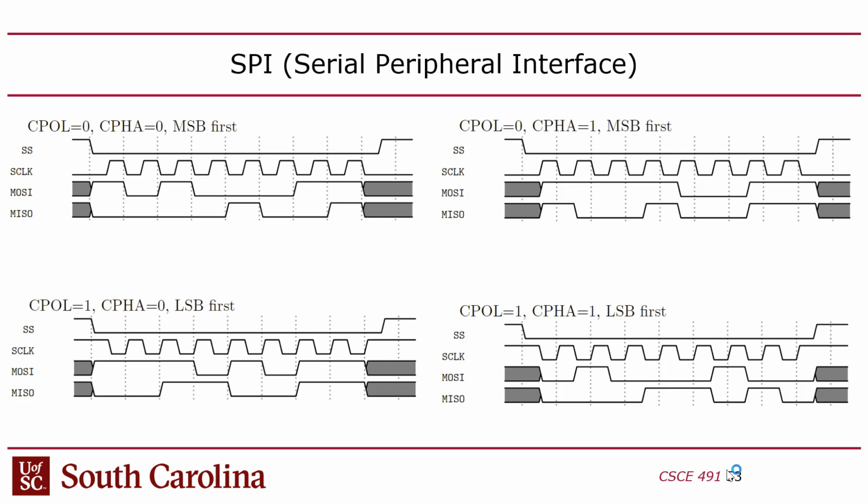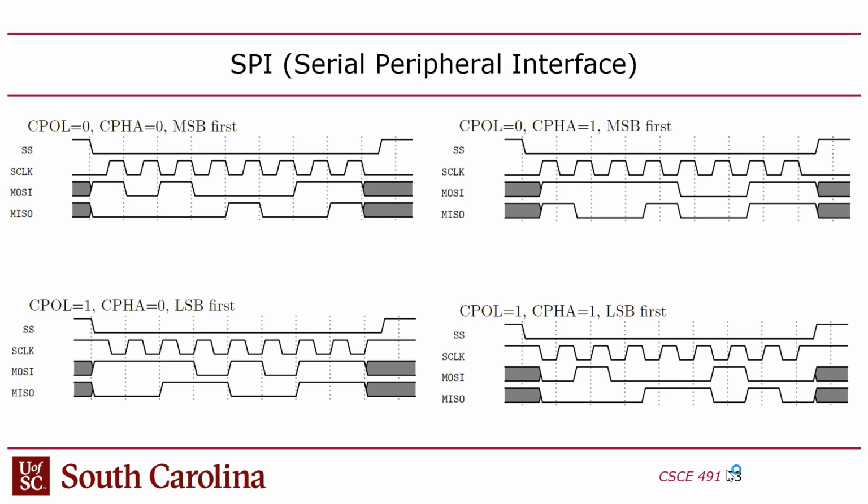So when CPHA is 0, I'm sorry, I said that backwards before. Sorry, when CPHA is 0, the data has a head start on the clock. Sorry, I had that reversed a few seconds ago, right? So the data is changing. Maybe changing is the wrong word.